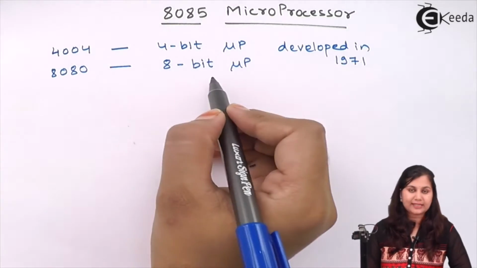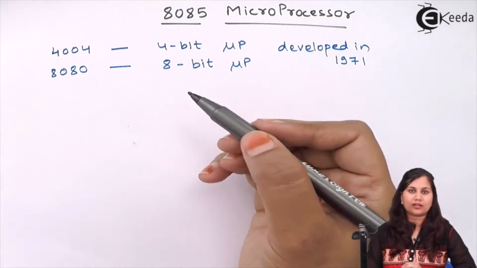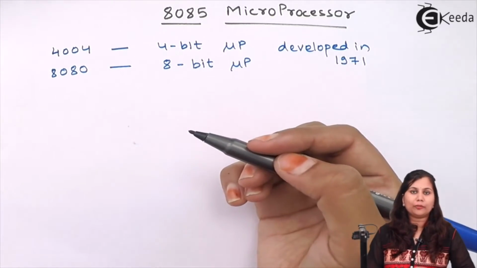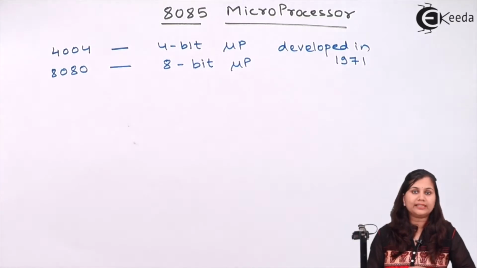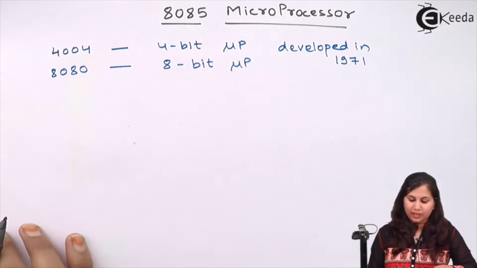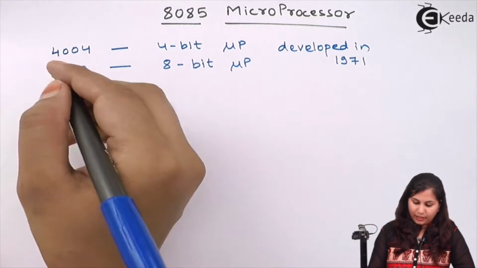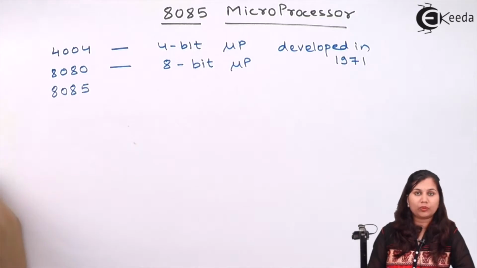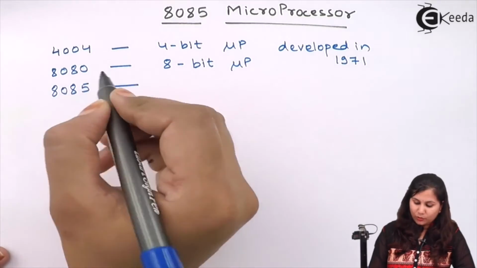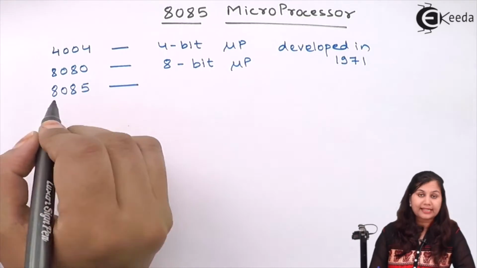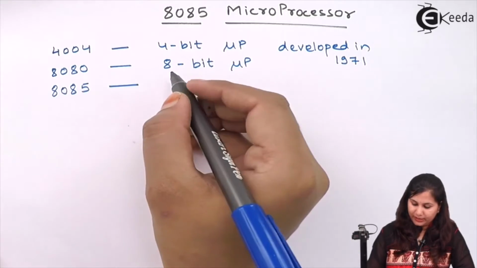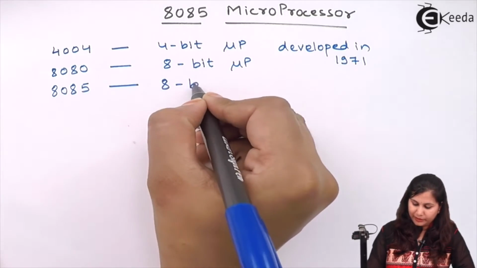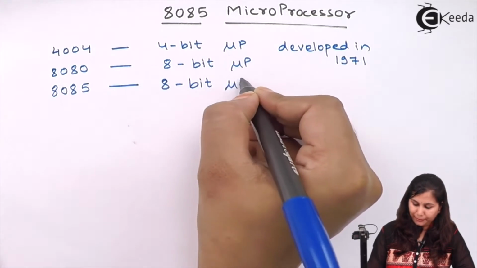But this microprocessor has few instructions only and it can perform only certain operations only. So after it, another microprocessor 8085 was developed. It was the successor of this 8080 and it is also an 8-bit microprocessor.